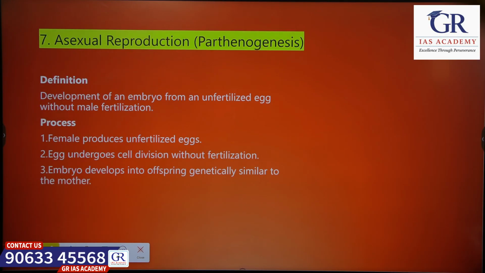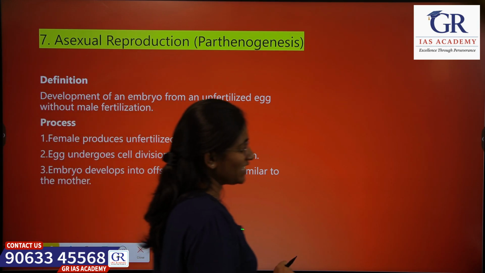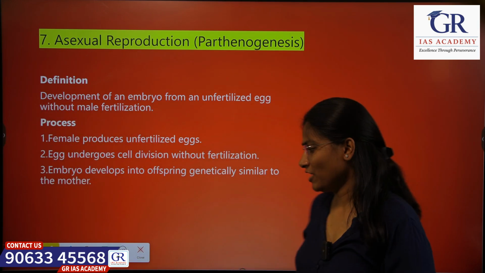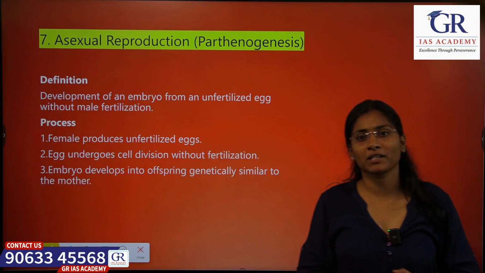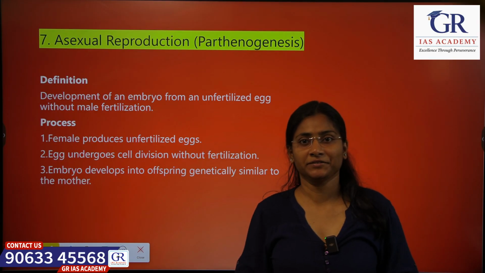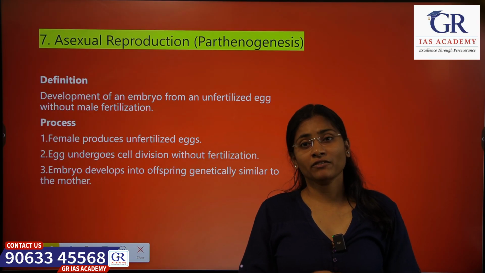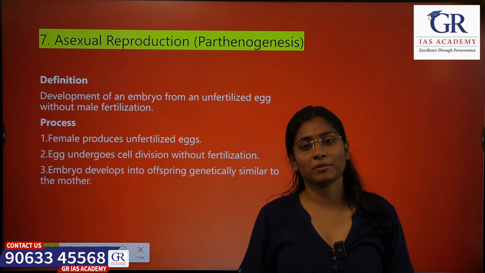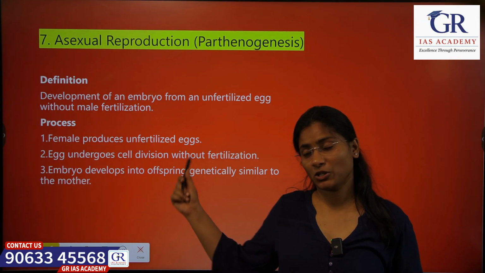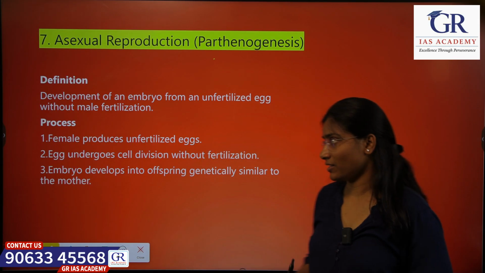And then parthenogenesis. This is the most interesting topic. Usually for reproduction, what happens? Two organisms mate. But even without the mating process, reproduction can occur, and that is called parthenogenesis.